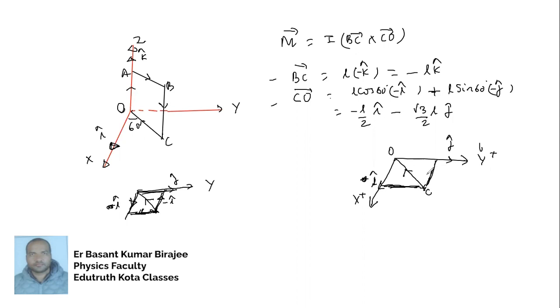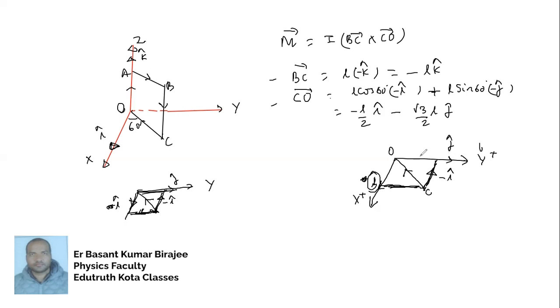But see the direction of the x component. It is opposite to the direction of the positive x-axis. So if you have the unit vector i cap along the positive x-axis, its x component will have the unit vector minus i cap.